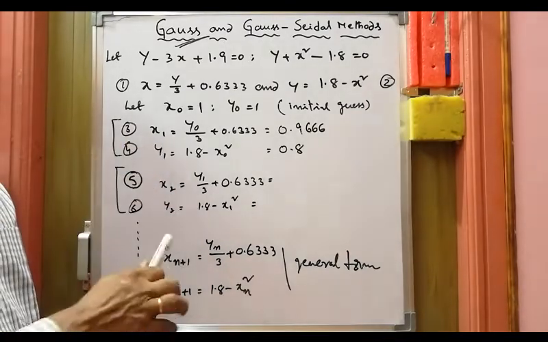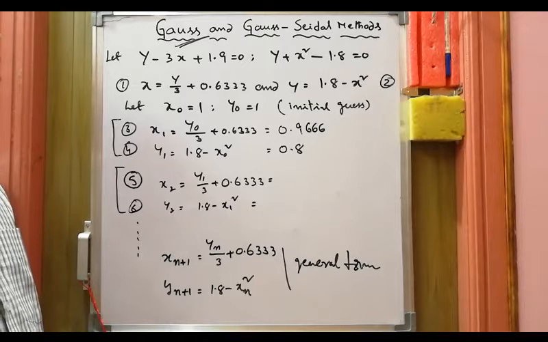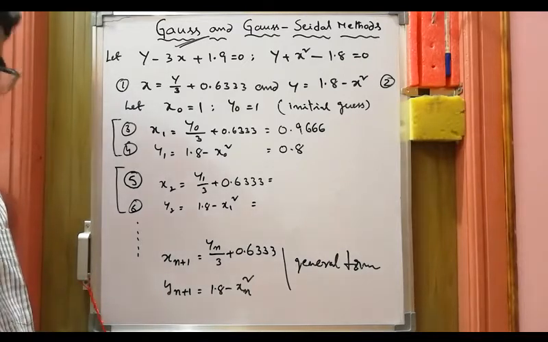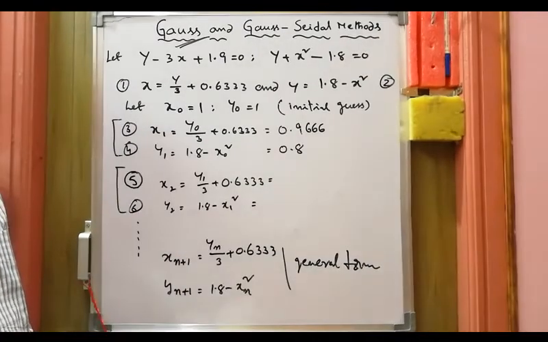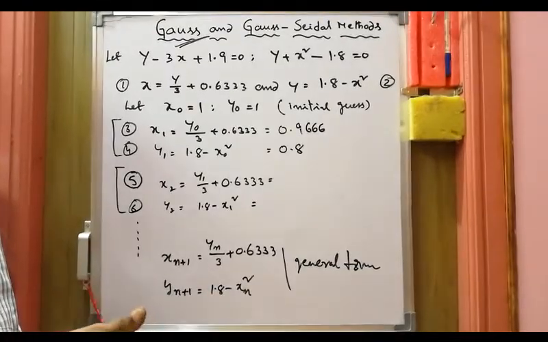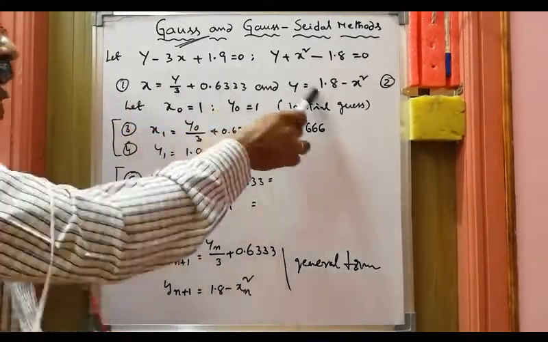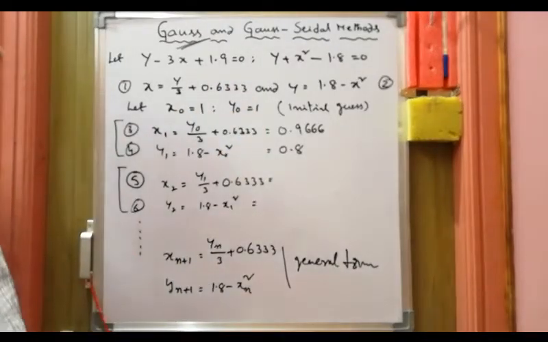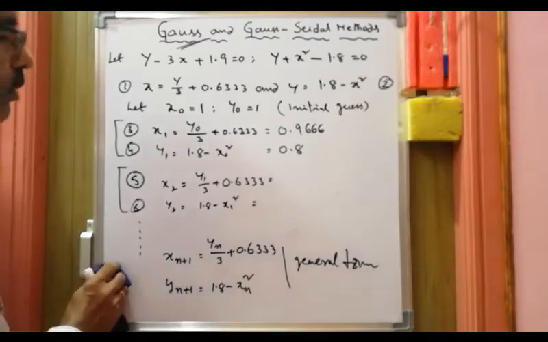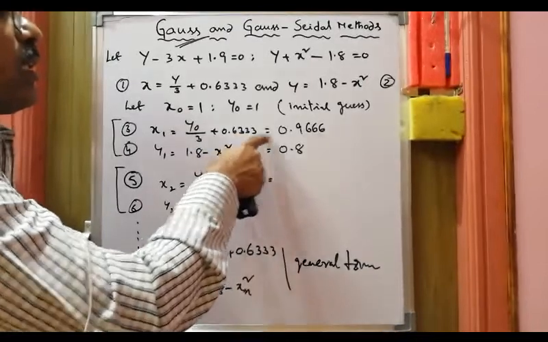Then in the Gauss-Seidel method, the difference between the Gauss method and the Gauss-Seidel method is that Gauss-Seidel gives a quick solution. The procedure is the same as usual. You are writing x, y, initial guess, everything is same. But you see here, while calculating x1, it is y naught by 3 plus 0.333, this is okay.